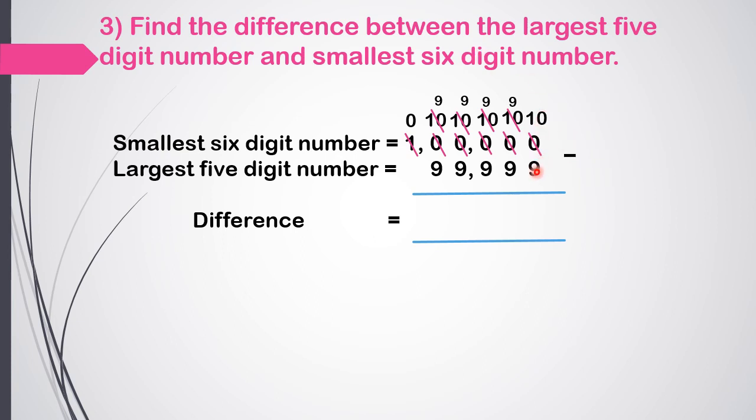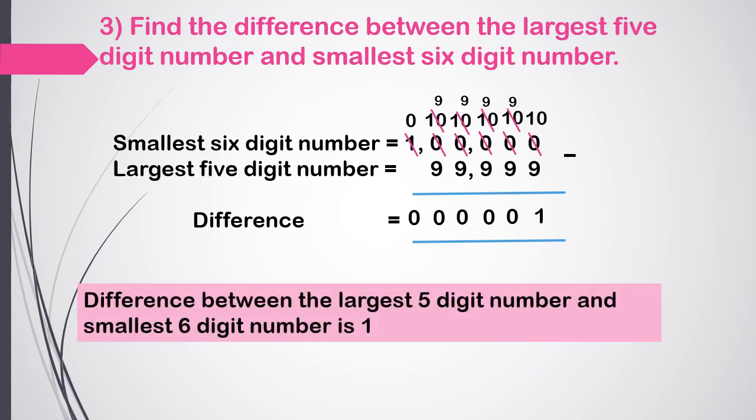What is 10 minus 9? Yes, it is 1. Then 9 minus 9, 0. 9 minus 9, 0. 9 minus 9, 0. 9 minus 9, 0. Here already we have 0, so 0. So what is the difference here? Yes, it is 1. So the difference between the largest 5-digit number and the smallest 6-digit number is 1.